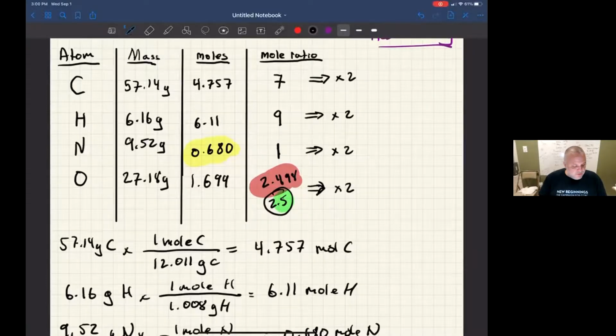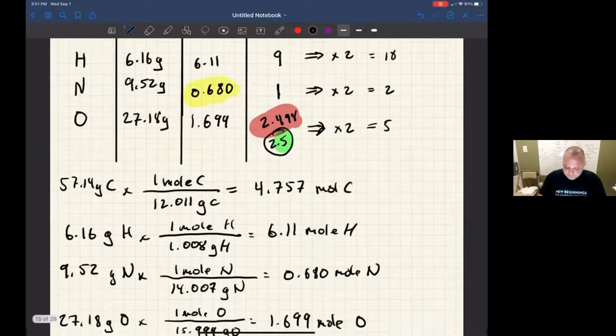So 2.5 times 2 is 5. 1 times 2 is 2. 9 times 2 is 18. And 7 times 2 is 14.